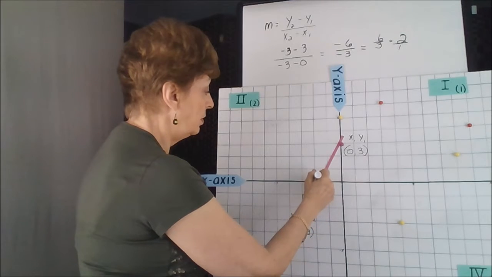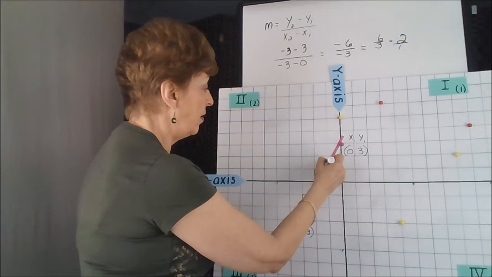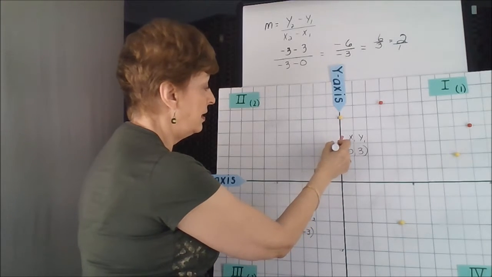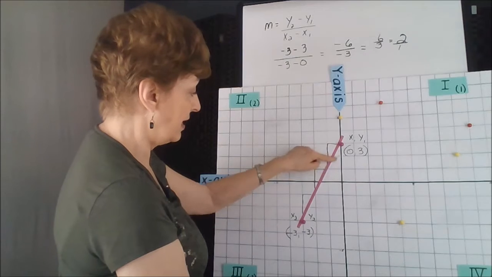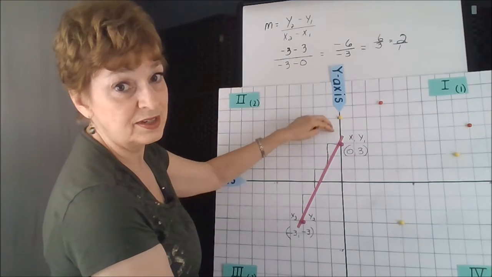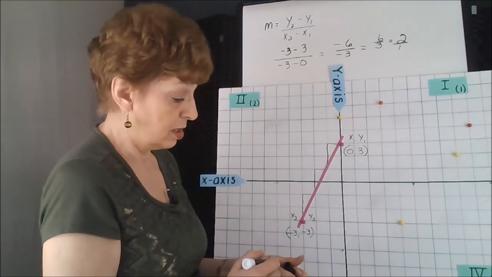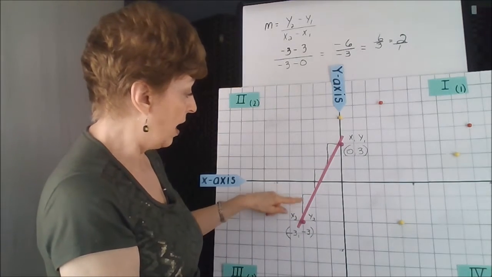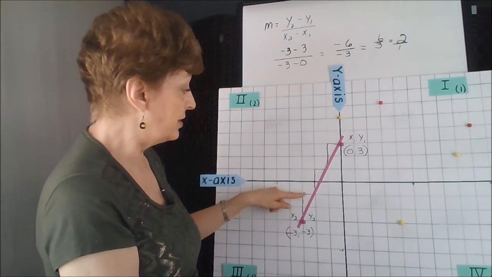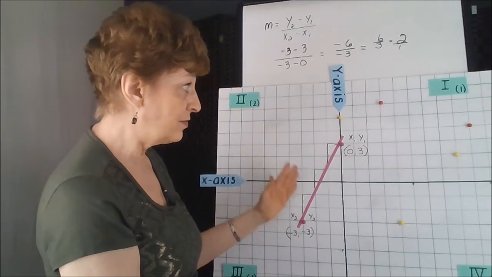Up 2, over 1, we hit another point. Up 2 and over 1, we get another point that's on this line. So you can see that this looks like stairs going along the line. That is the slope: the change in y divided by the change in x. And it stair steps in a positive direction.